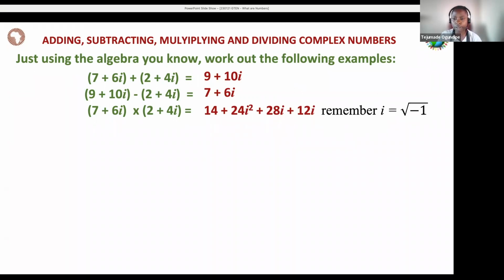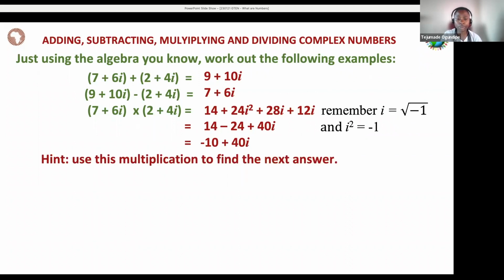And remember that i equals root -1, so it means i squared equals -1. So you substitute -1 for i squared. That gives 14 minus 24 plus 40i, and that gives us -10 plus 40i.